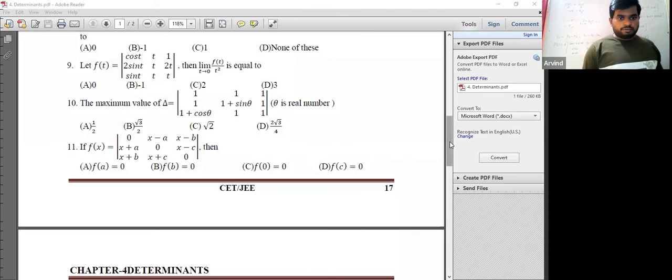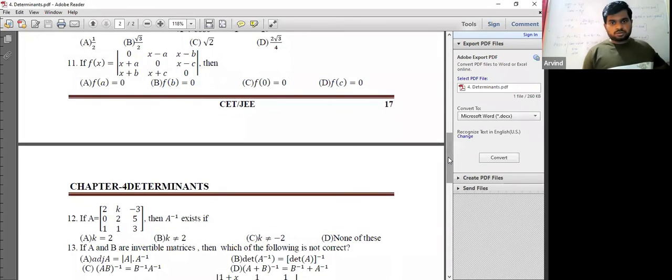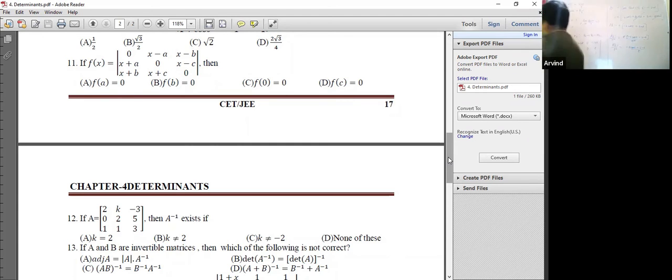If f of x is equal to the determinant of so and so, what will be the correct option? f of a is equal to 0. First find the determinant. Then you can easily find whether f of a is 0, f of b is 0, f of c is 0, or f of 0 is 0. Give me the value of the determinant, you can easily find it.